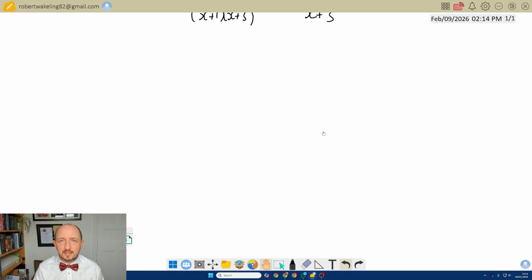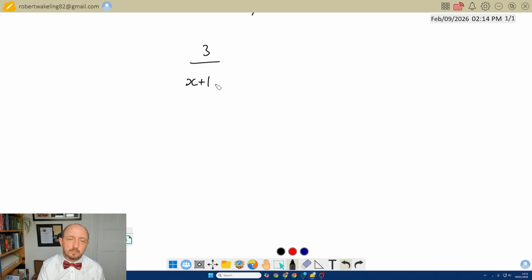What about adding and subtracting? Now this is probably the more challenging of the two, because you might have something like 3 over (x + 1) and you want to add that to 2x over (x + 3). Okay, and we know that when you add and subtract fractions, it's the same for minus, so you only have to learn this one thing for both.